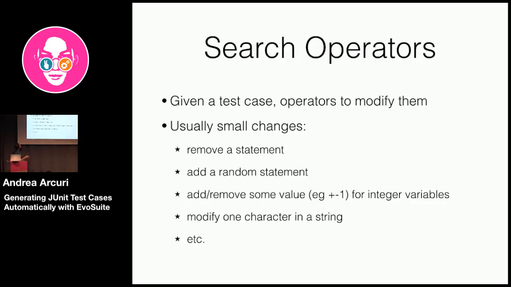The other concept is the search operators. It's how you explore this landscape, this space of possible solutions. Because as I said, you cannot look at all of it. It will just take infinite time. So somehow you need to start from somewhere, and from that somewhere you need to explore the area to try to find better solutions. And how you do it, most of the time, is with small changes.